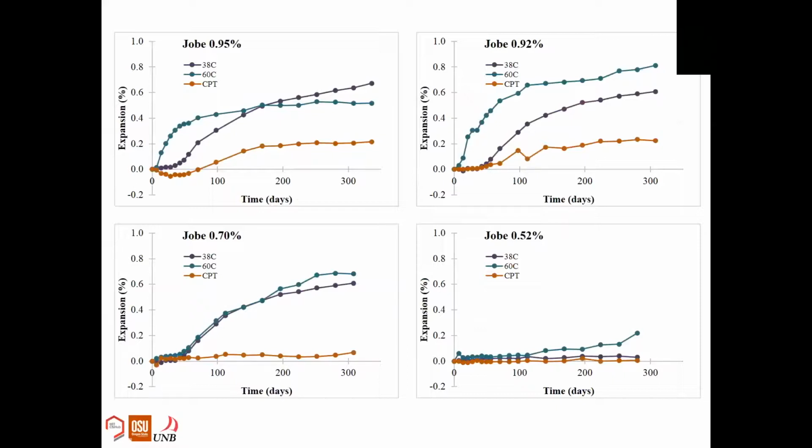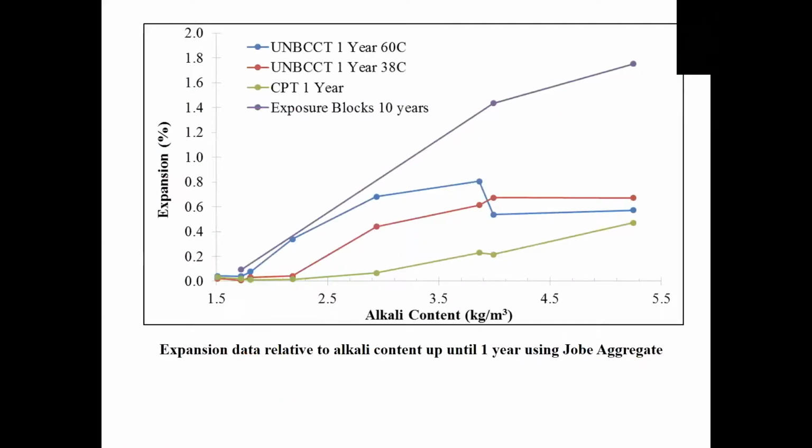I actually meant to hide that slide. So if we plot expansion as a function of alkali content, here's the purple line here. These are our blocks in Texas. So we're getting a small amount of expansion, but some expansion at low alkali content. And our data, at least at 60 degrees Celsius in our test, is almost replicating that.